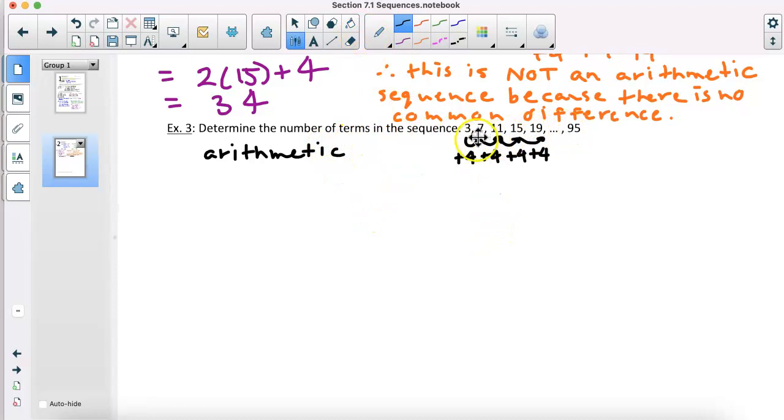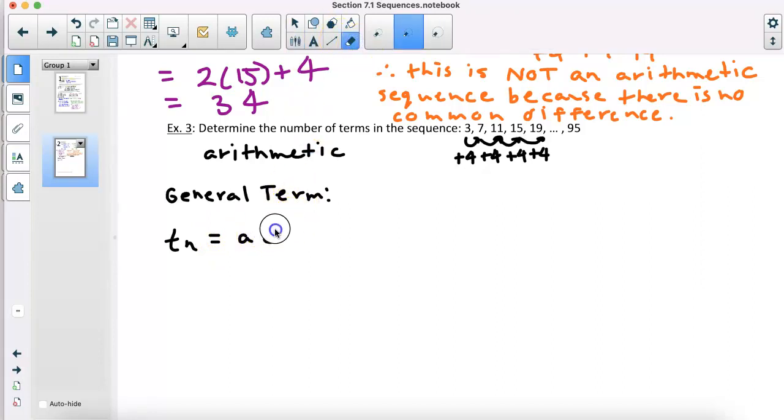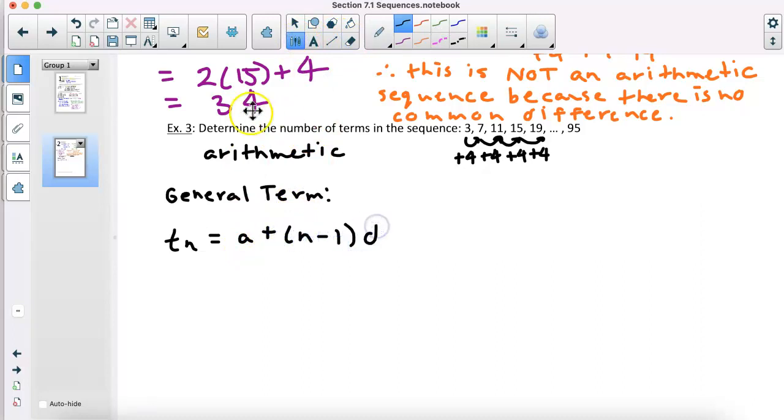So we can use those general equations that we looked at in our section today. First thing we want to do to determine the number of terms is find the equation for the general term. Remember our equation for that was tn is equal to a plus (n minus 1) multiplied by d.